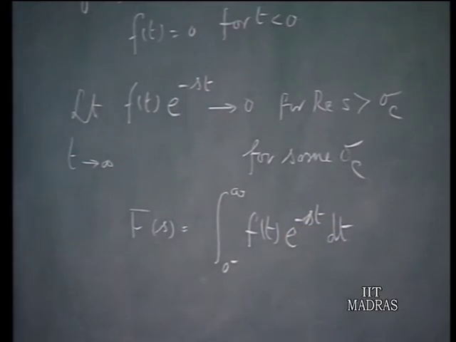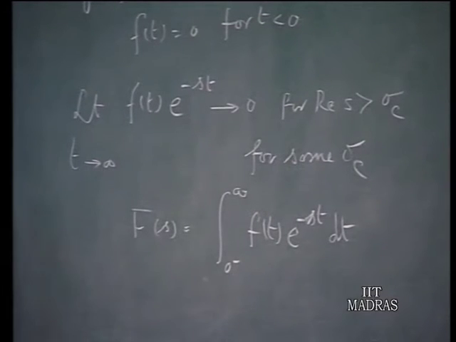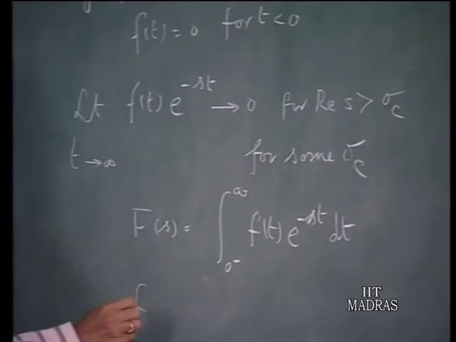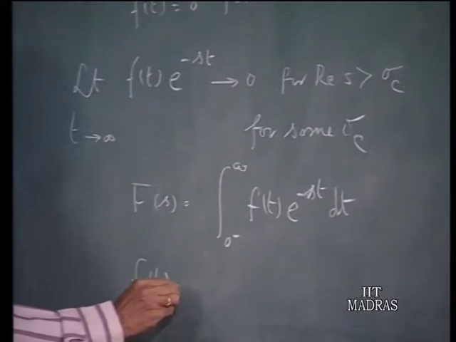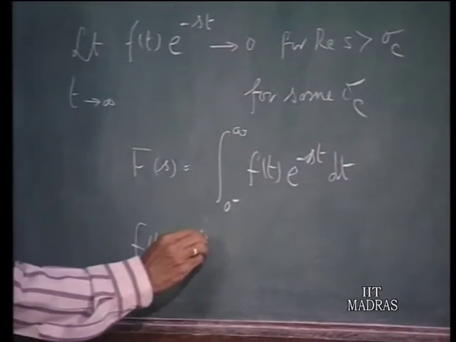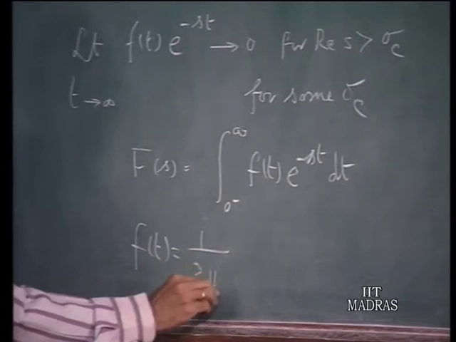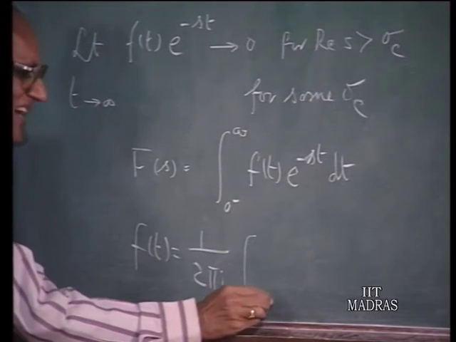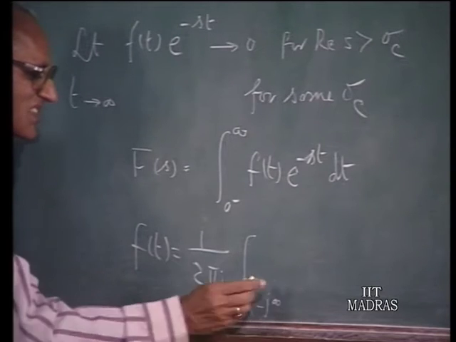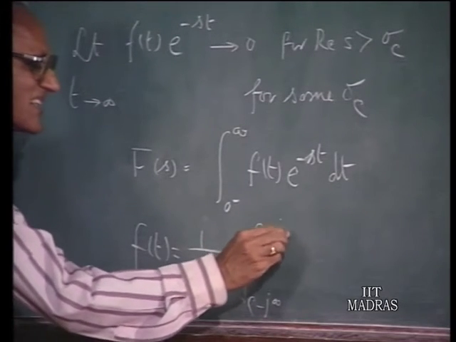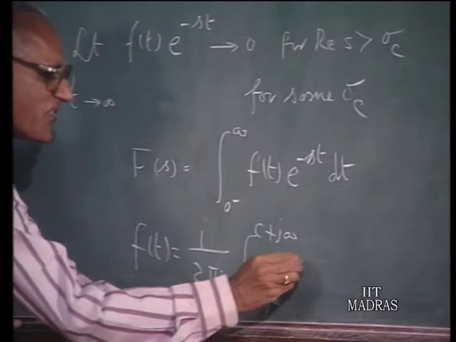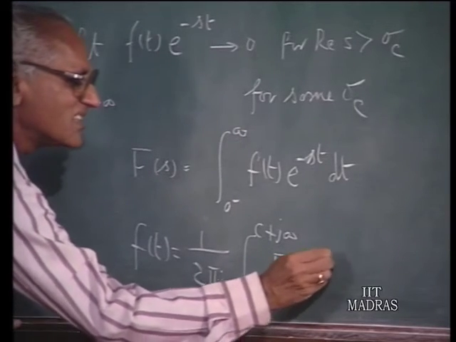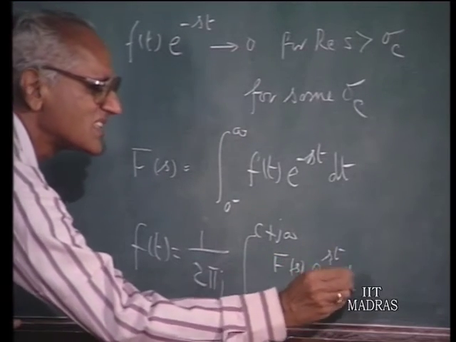That is the forward Laplace transformation formula, and the inverse Laplace transform is given by f of t is 1 over 2 pi j, integral from c minus j infinity to c plus j infinity of f of s e to the power of st ds.